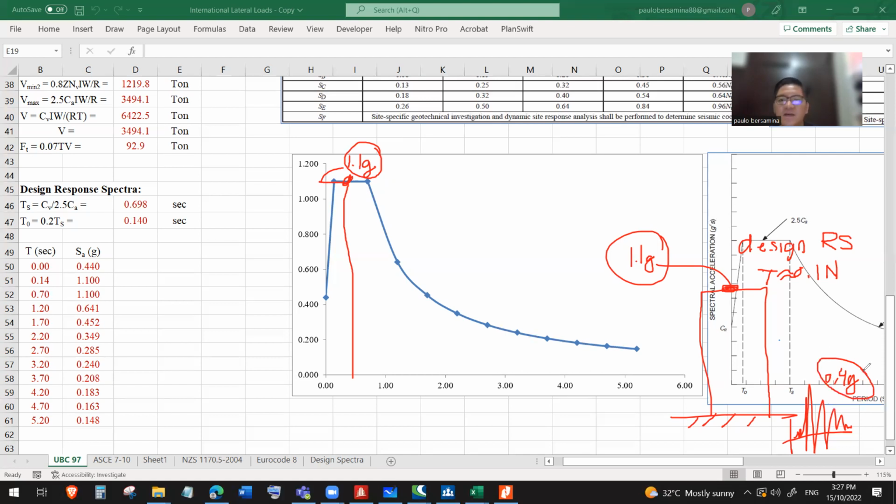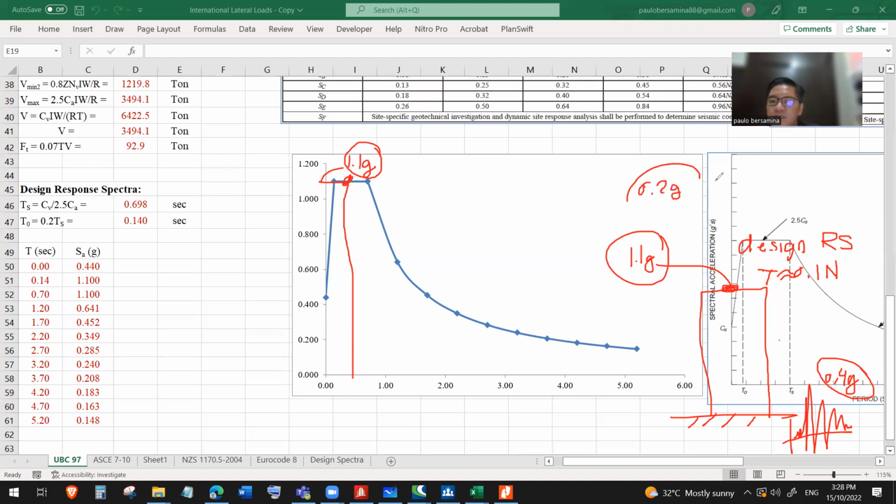But of course, in reality, most of the earthquakes that happen every day, na may shaking, hindi naman 0.4G yung na-experience ng structure natin. Like yung recording ng PHIVOLCS sa Pampanga last time, they only measured 0.2G.